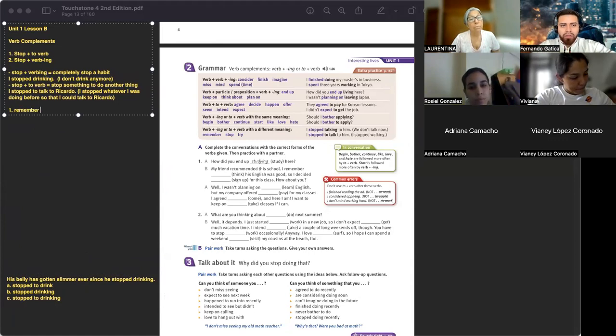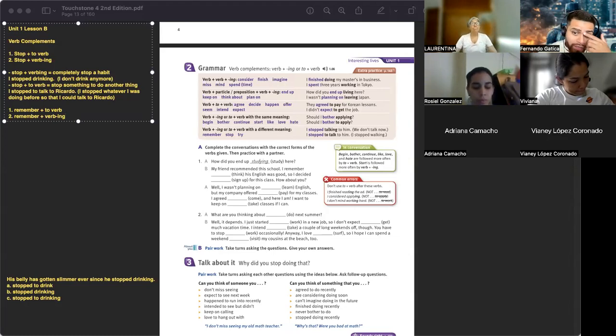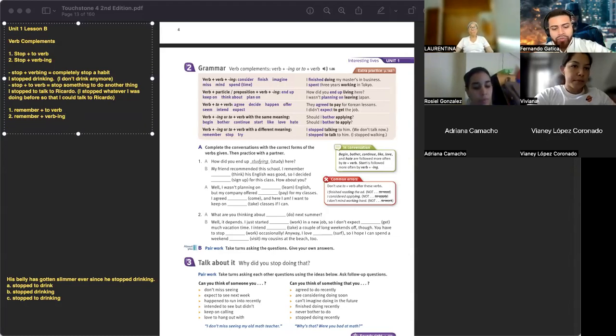Remember plus to verb, and also remember verb ing. If I tell you to remember plus to verb, this is like a reminder. Okay, a reminder.